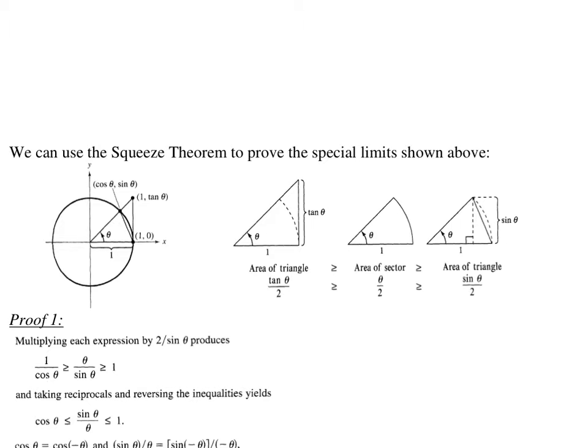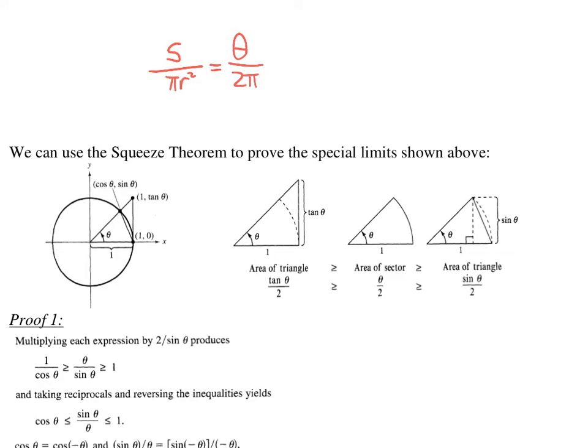Now, the area of a sector in the unit circle, you can see there is theta over 2. Okay, if we're in radians, the area of the sector, I'll call this S, is a ratio out of the entire area of the circle, which is pi r squared. That's going to equal the same ratio as the central angle over the full 2 pi of the circle.